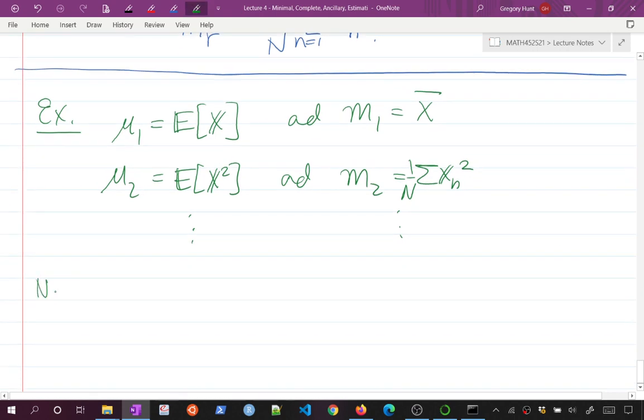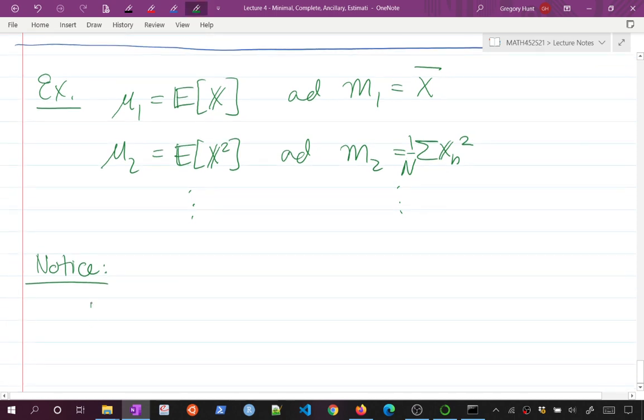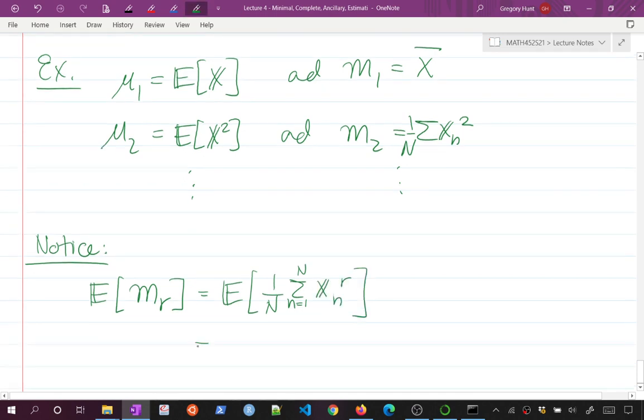Notice here that if I look at the expected value of m_r, you can think of m_r as a random quantity, because the x_i's are random. The expected value of the rth sample moment is the expected value of 1 over n times the sum of these things to the rth power. And expectation can be pushed through.